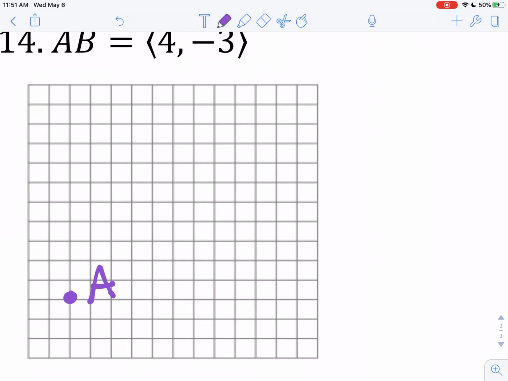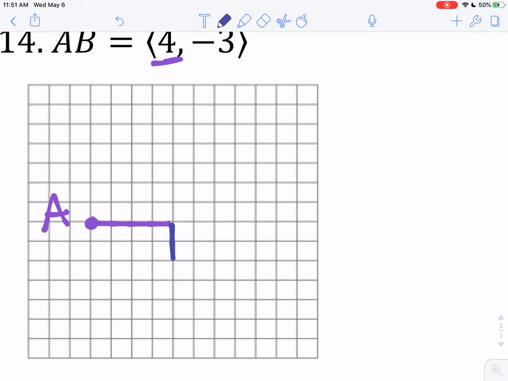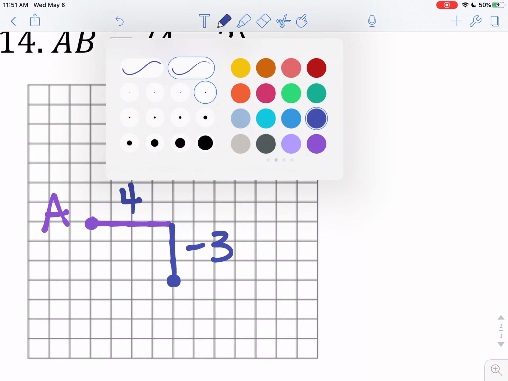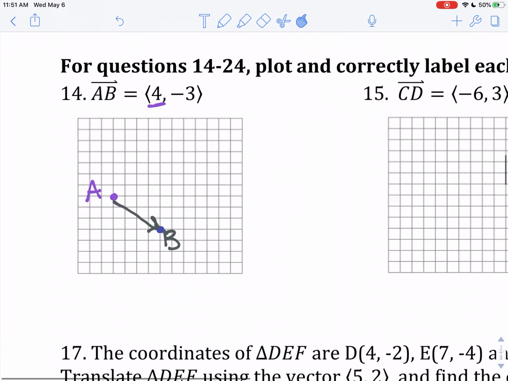I need to move to the right 4 units. So 1, 2, 3, 4. I need to move down 1, 2, 3 units. So right 4, down 3. If I want to draw in my final vector, here it is. It doesn't matter where it goes on the grid as long as it fits on there.